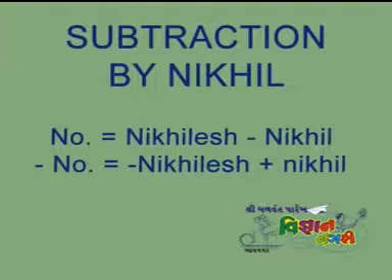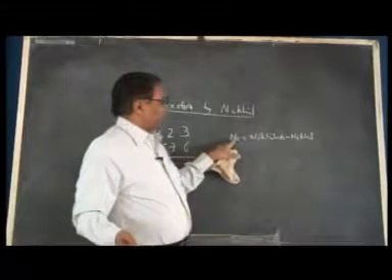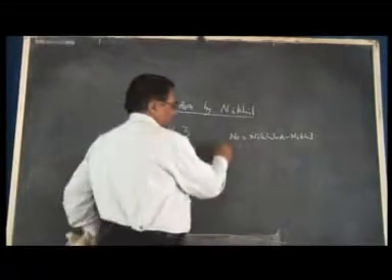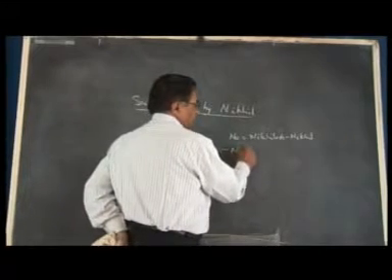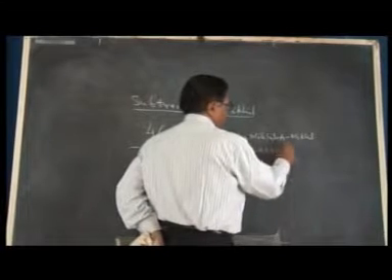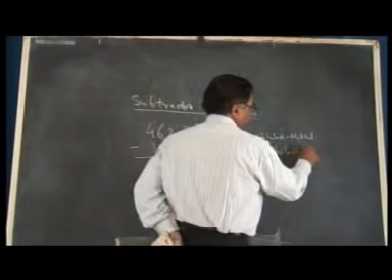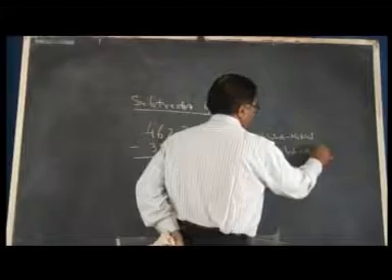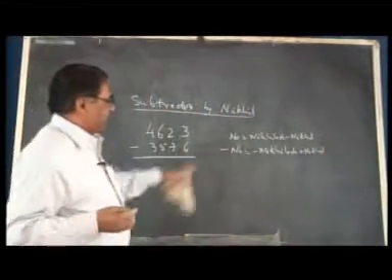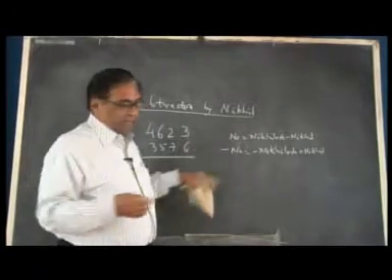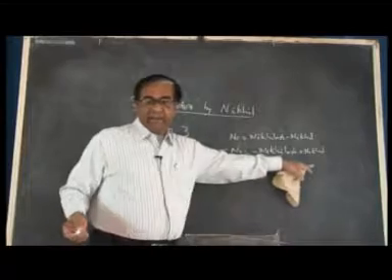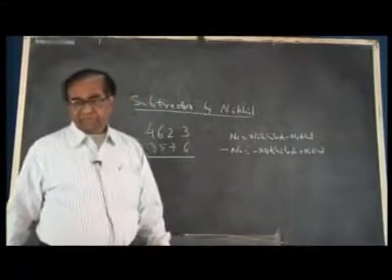And so, you can say that if you want to subtract the number, then subtracting the number is nothing but minus Nikhilesh plus Nikhil. Well, we can make a rule. You can say to subtract the number, add Nikhil and subtract Nikhilesh.